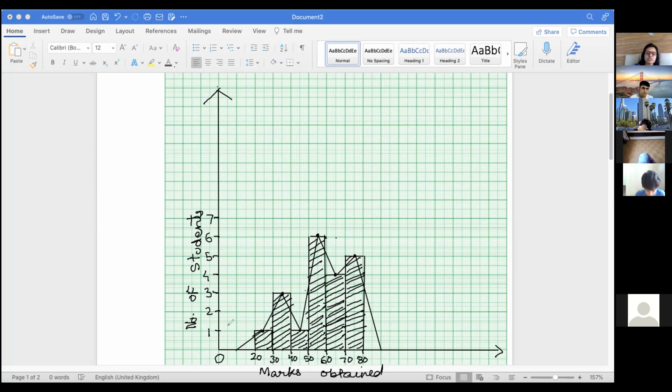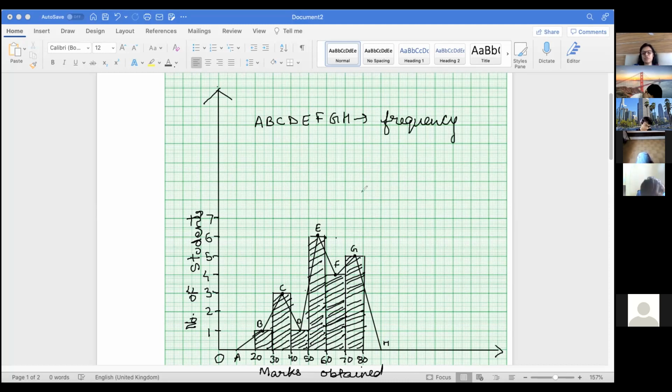You can name it A, B, C, D, E, F, G, H. This is a frequency polygon.